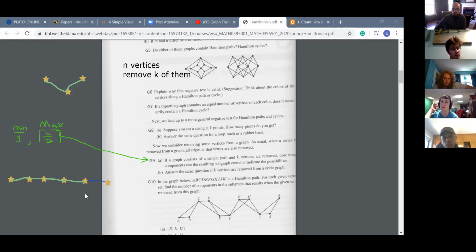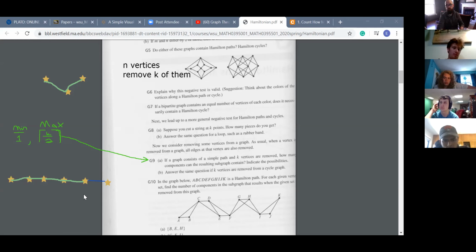One way that we could think about this is the possibilities: you could have 1, 2, all the way up until what? Up until k plus 1? 3 is the maximum you can have. Yeah, so could you go all the way up to k plus 1?